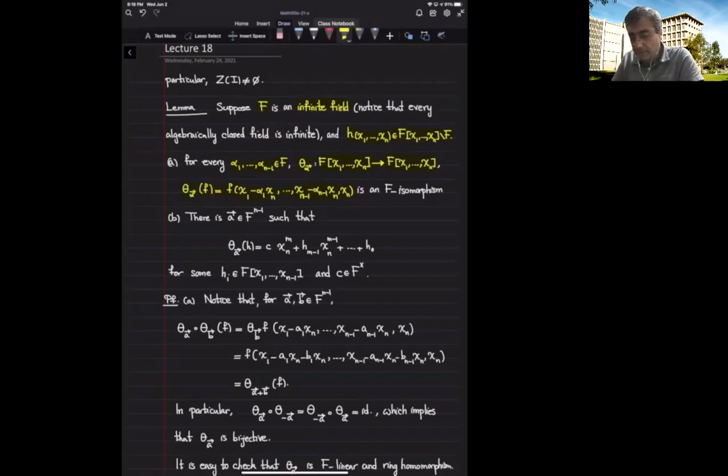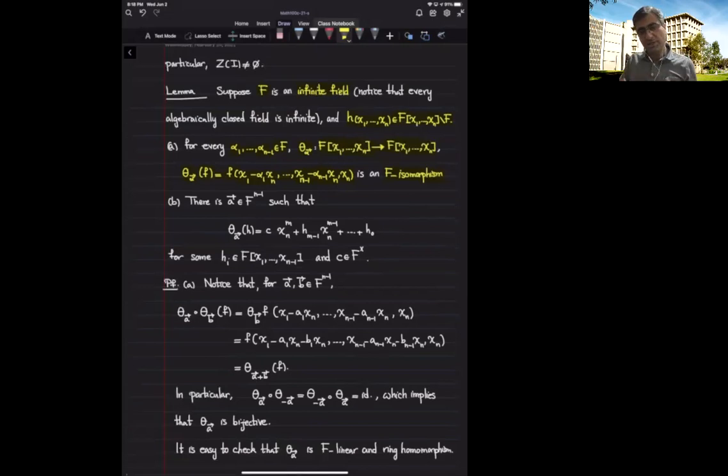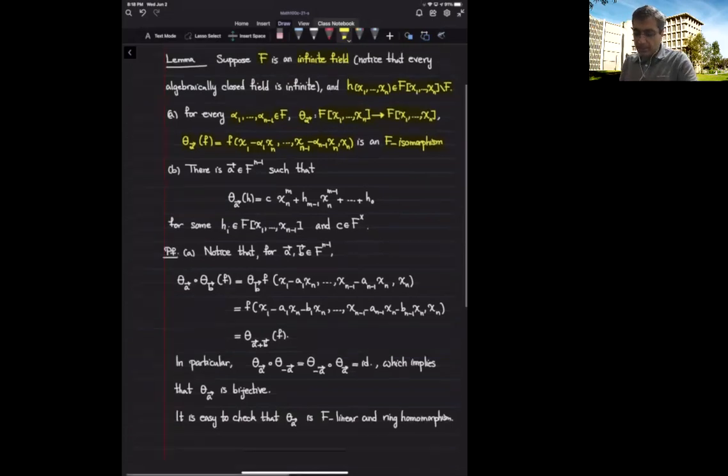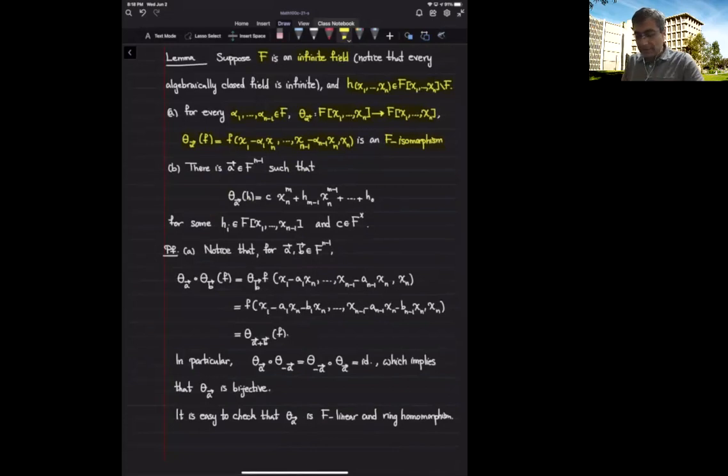My claim is that this is an F-isomorphism from the ring of polynomials in n variables to itself. So it's a ring homomorphism, it's a bijection, and so on. Now, the second claim is that I can always find some vector alpha so that when I apply theta sub alpha to this h that you have given me, this non-constant polynomial, I end up getting a polynomial with a non-zero constant leading coefficient.